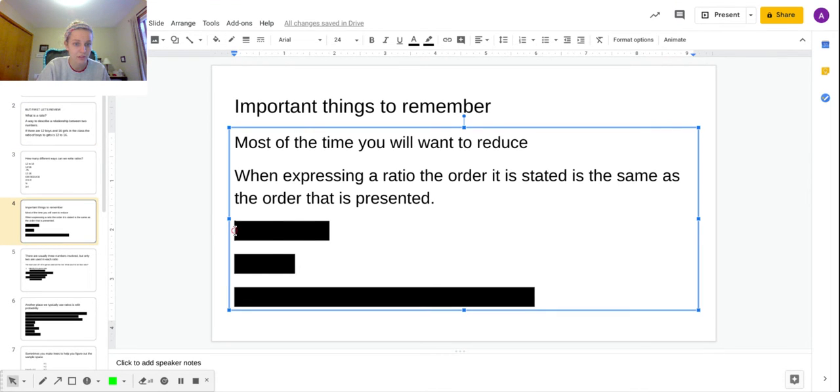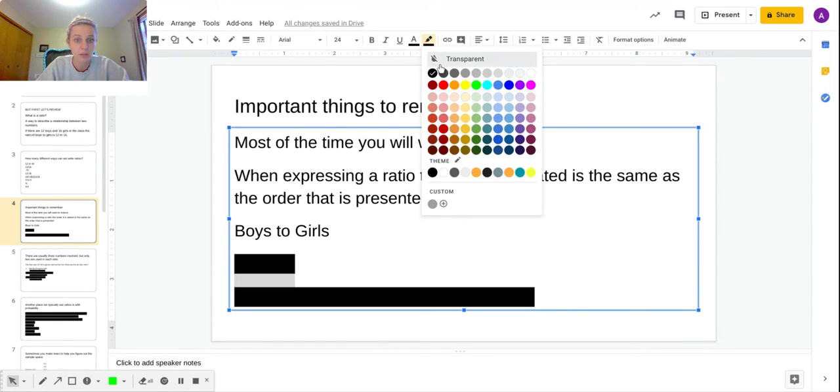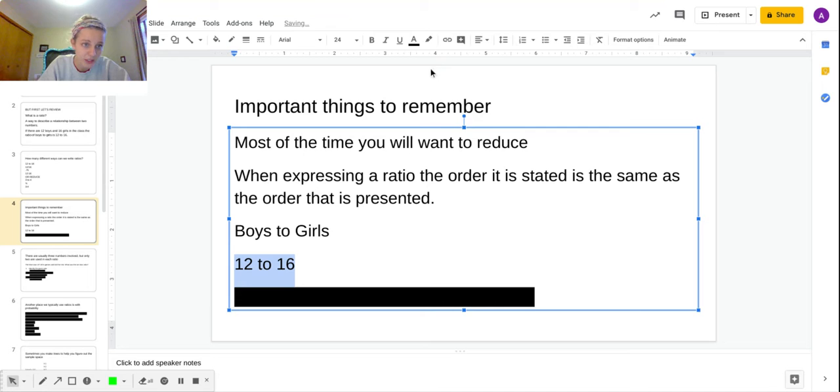So if we have boys to girls, then we're going to put the 12 first because the number 12 corresponds to the number of boys. We're going to put girls or the number 16 second. Okay? So 12 to 16. So this corresponds to this, and this corresponds to this.